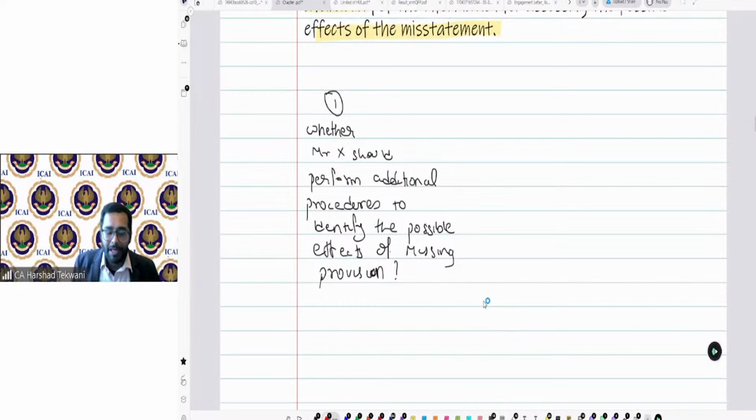Now the question number one is, this is a limited review. Then in that case, should Mr. X perform additional procedures? When he has a tentative amount, should he go and perform additional procedures to identify possible effects? Question number two.